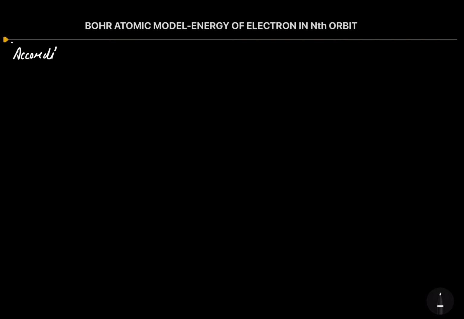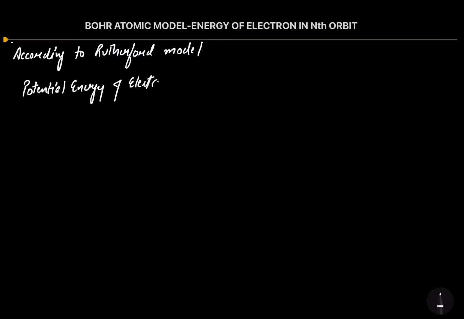According to Rutherford model, we have derived potential energy of electron, that is potential energy is equal to minus k z e square divided by small r, and we have also derived kinetic energy of electron.